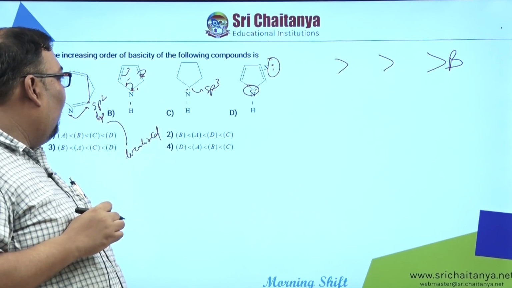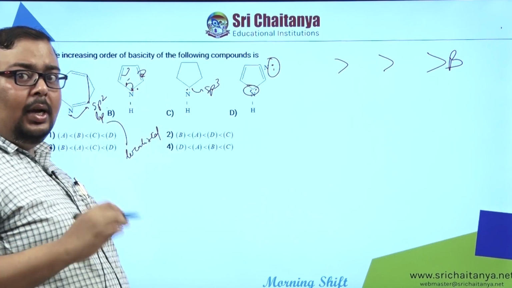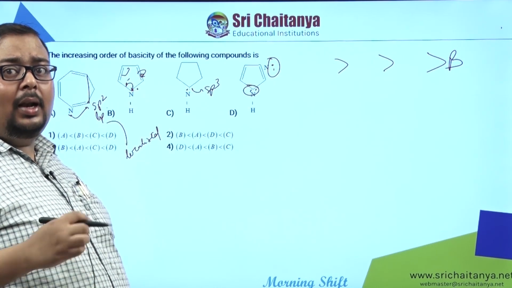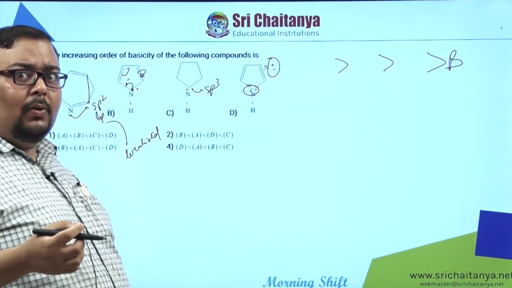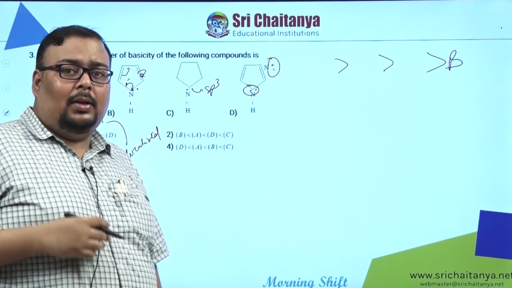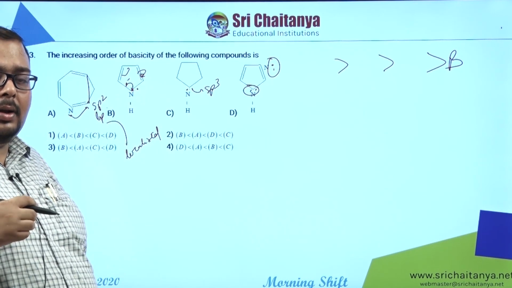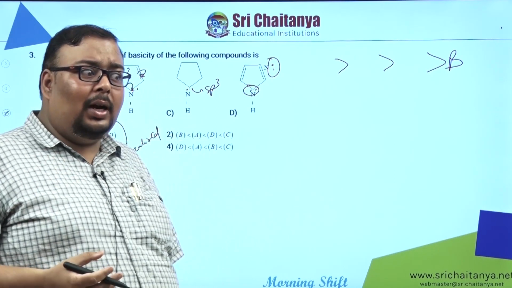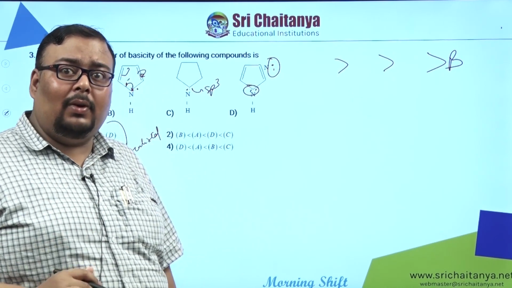Now, if we are talking about A, C and D, an sp3 lone pair will be more basic than an sp2 or sp lone pair. This is because the higher the s character in an orbital, the more its electronegativity and the less the basicity of the lone pair.